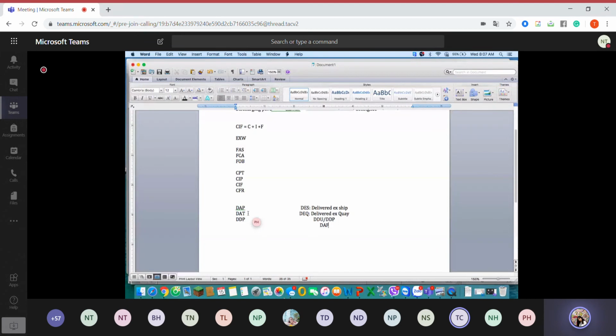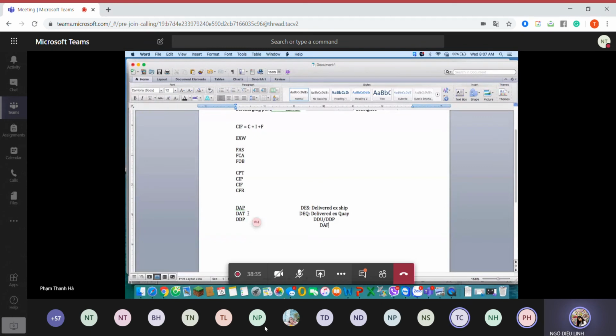Anything else? Right now, I just think it's about the place of transfer and the risk only. Okay, thank you. Any other opinions about the difference between DAP and DAT?